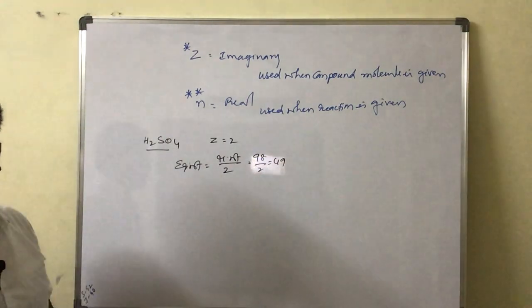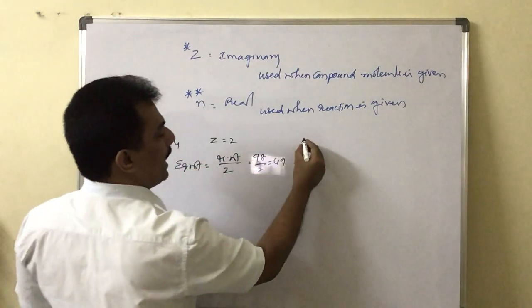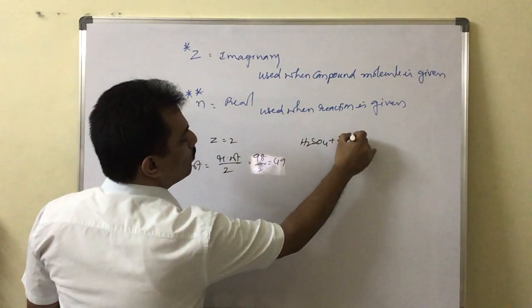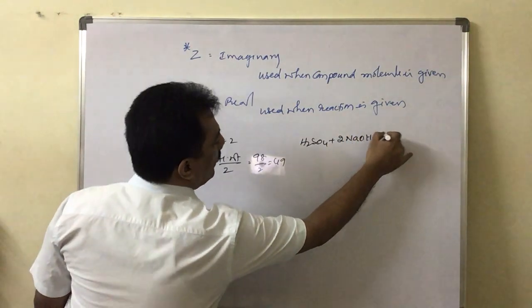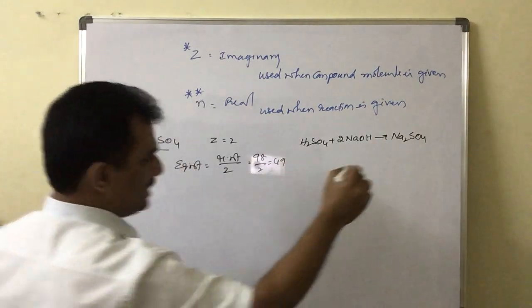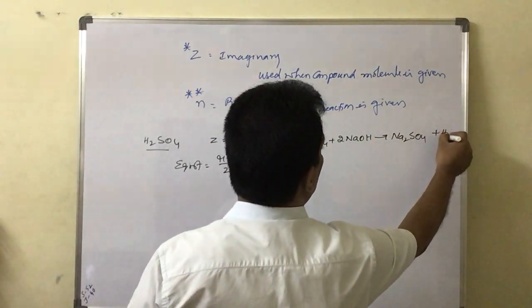This is one scenario. Now H2SO4 reacts with 2 moles of NaOH, giving Na2SO4 plus H2O.